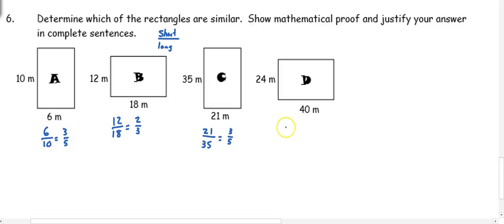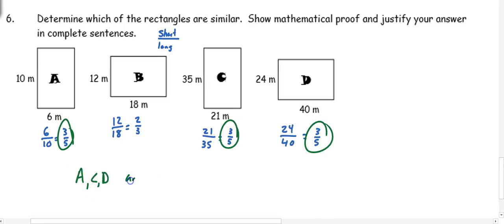In D, my shorter side is 24, my longest side is 40, and this reduces to 3/5. So if I look at my ratios, I notice that A, C, and D all reduce to the same thing, so those are going to be similar. So we would say that A, C, and D are similar because the sides are proportional.